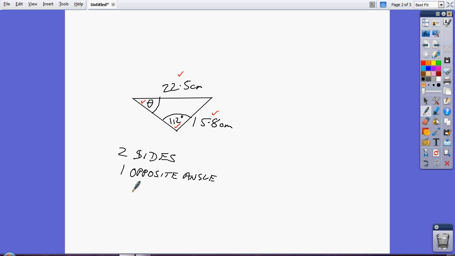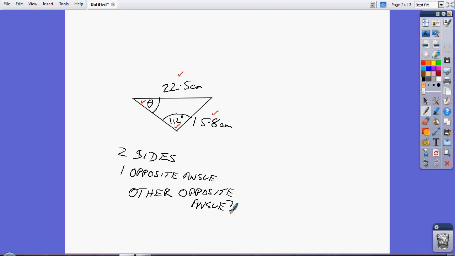What is the other opposite angle? Now we can use the sine rule to solve these sorts of problems.